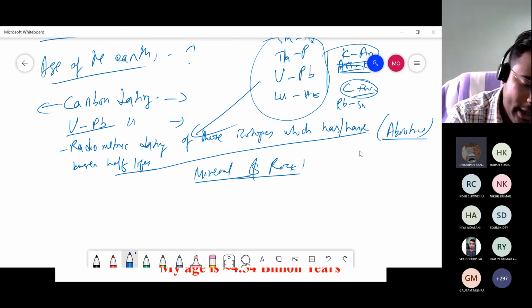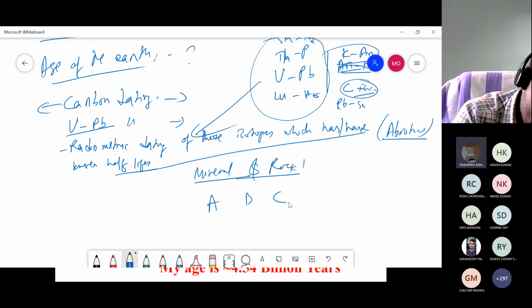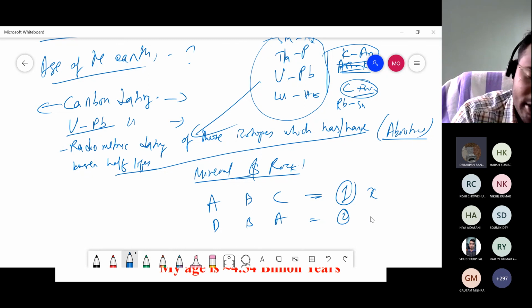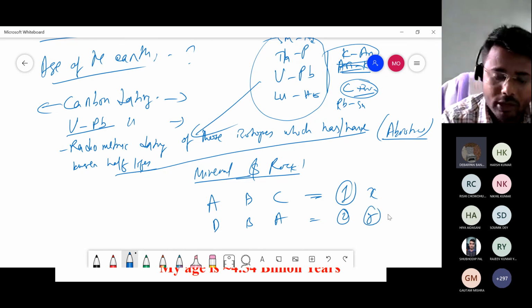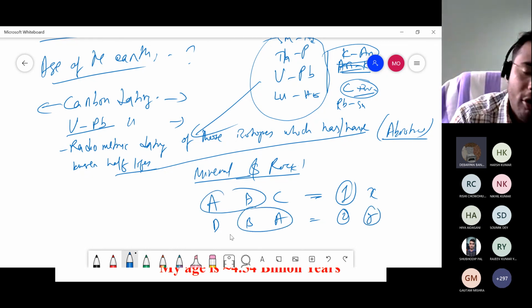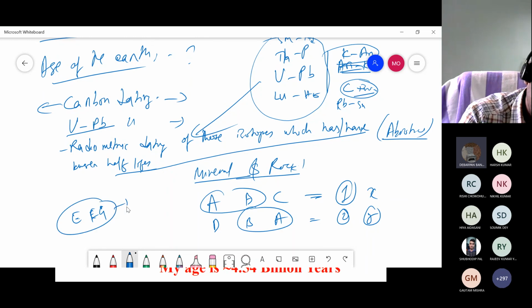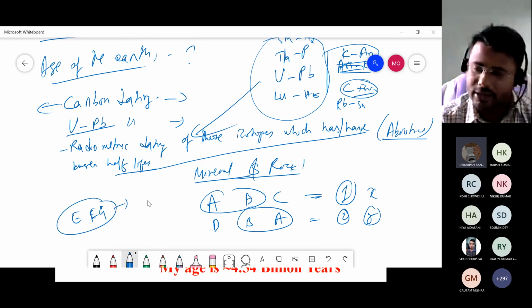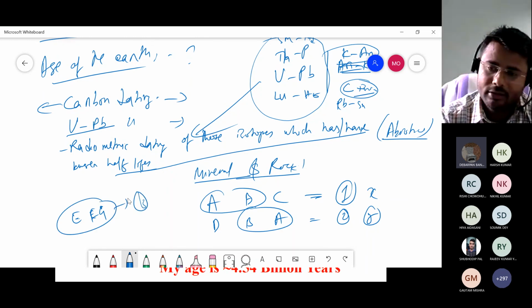Say mineral A, mineral B, mineral C, they form one rock, which is known as X. Now mineral D, mineral B, again mineral A, they may again form a different type of rock, which is known as Y, in which A and B are common. It can also be that E, F, G, this is a different type of combination, this is Z. That can also happen. Understood?